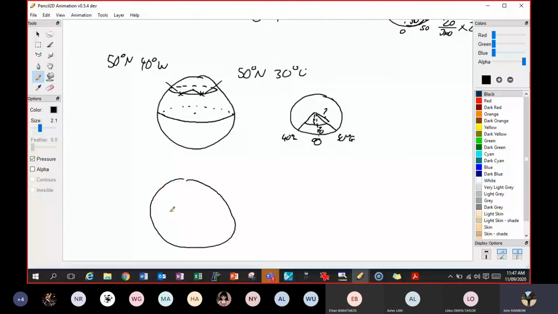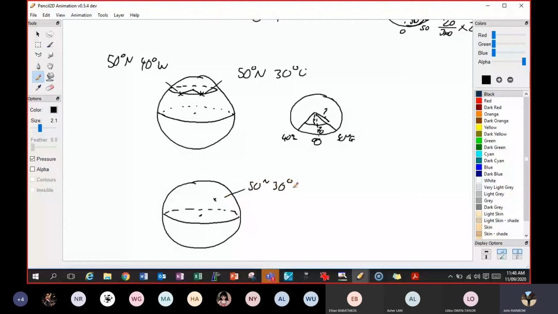Here's my globe. That's a really bad globe. That's my middle point. Now, if I went straight out to this point, and that point there is 50 degrees north, 30 degrees east. From here to here, that would be 6,400, right?